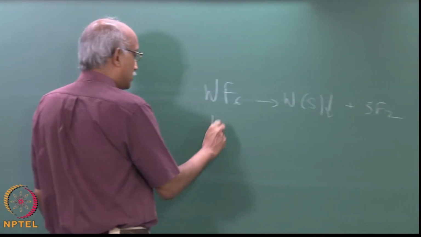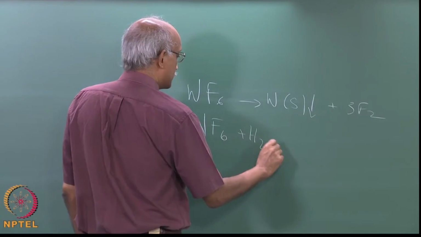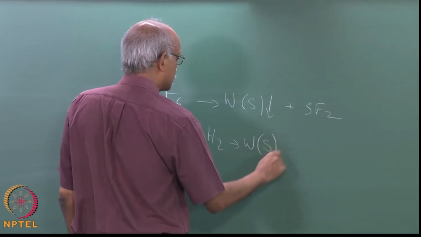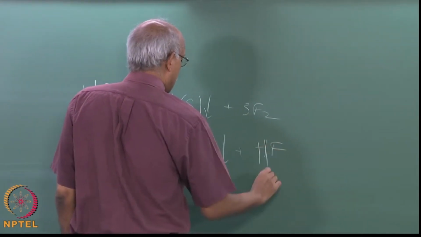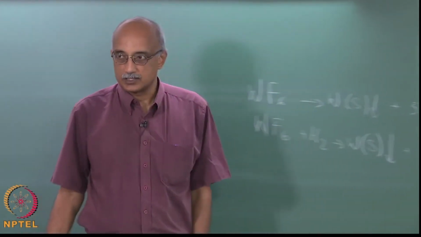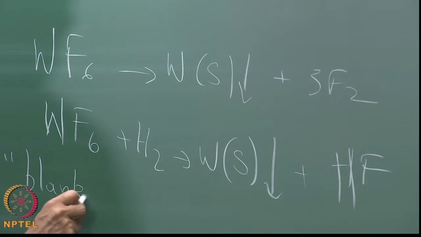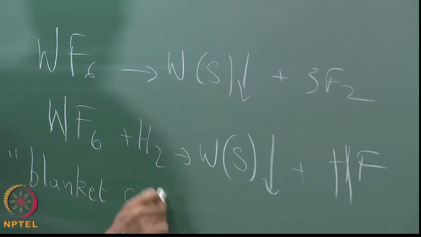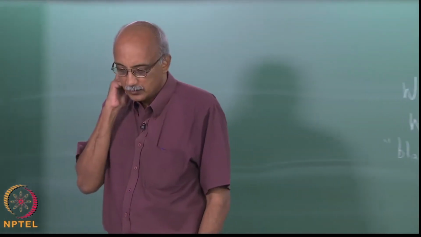A preferred way of doing this is essentially to use H2 as a carrier gas, which will give you HF as a byproduct. This process is traditionally known as blanket CVD for tungsten. It actually provides the most uniform film of tungsten on a surface.